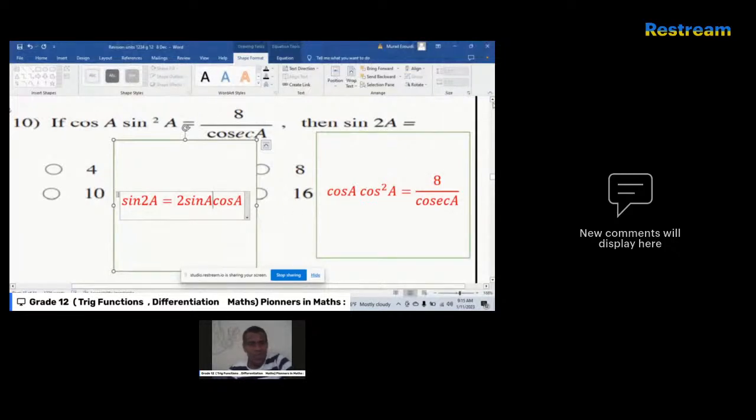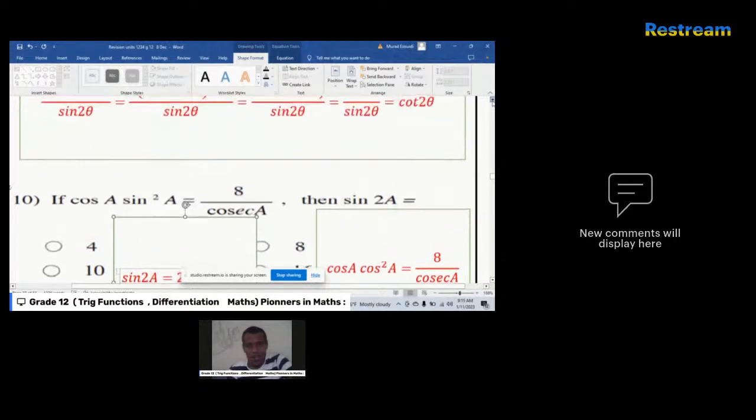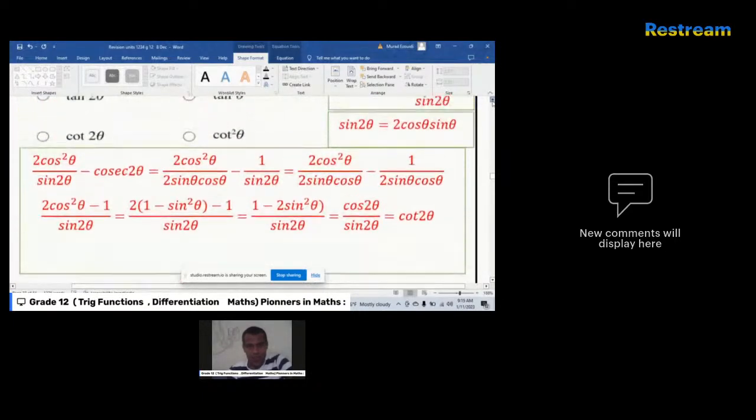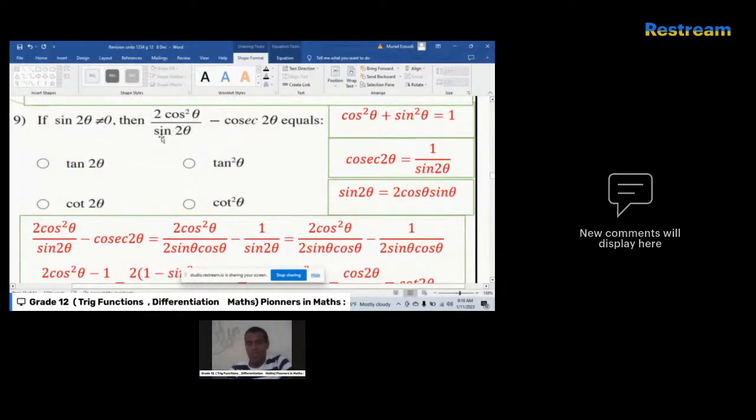I will show you the question from the beginning. If sine 2θ is different from 0, then 2 cosine square of θ over sine 2θ minus cosec 2θ is equal to what? In your opinion, is it tangent 2θ, tangent square 2θ, cotangent 2θ, or cotangent square?